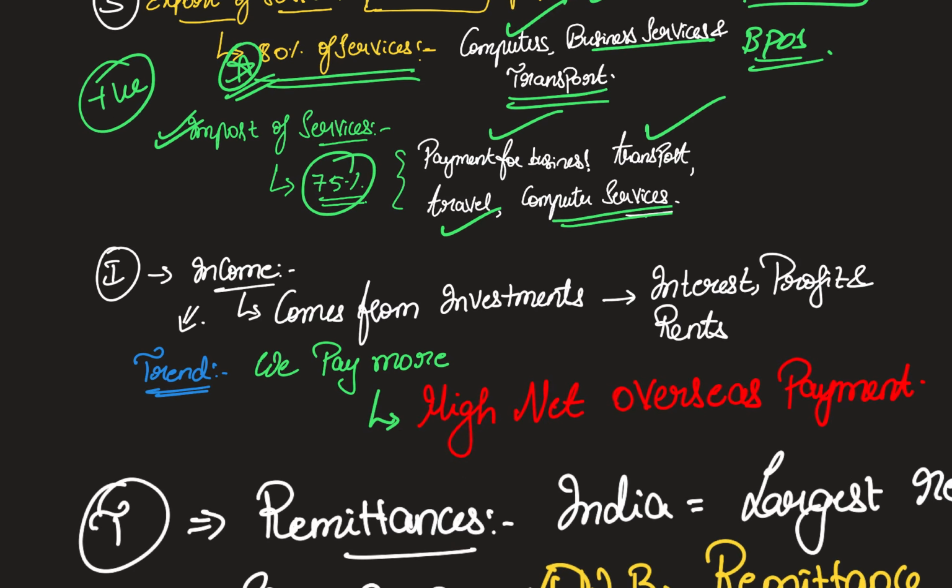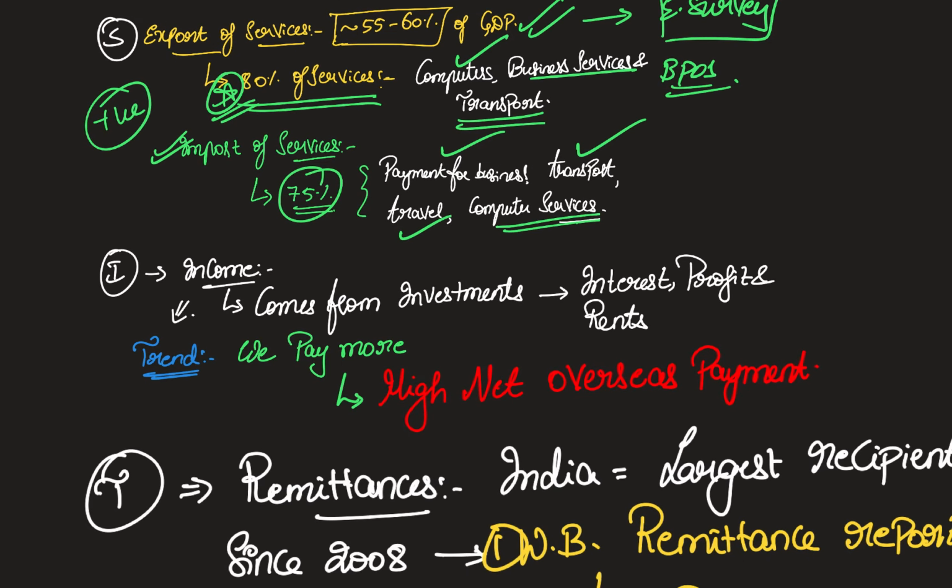When it comes to income, there is a concept called net overseas payment. Let's say, for example, Indians invested in another country, say Tata invested in UK. In fact, Tata is one of the biggest employers in UK.